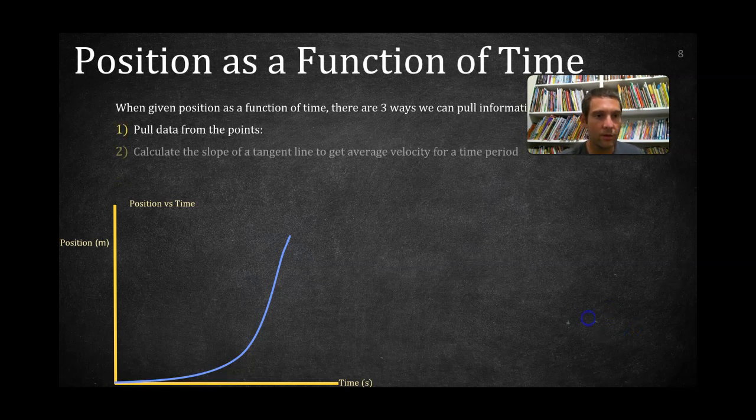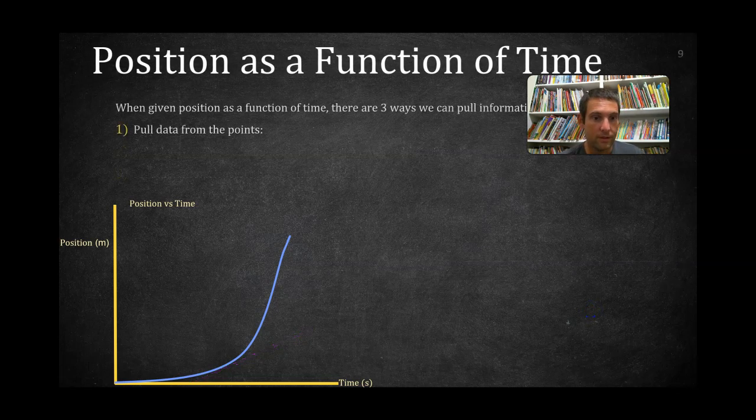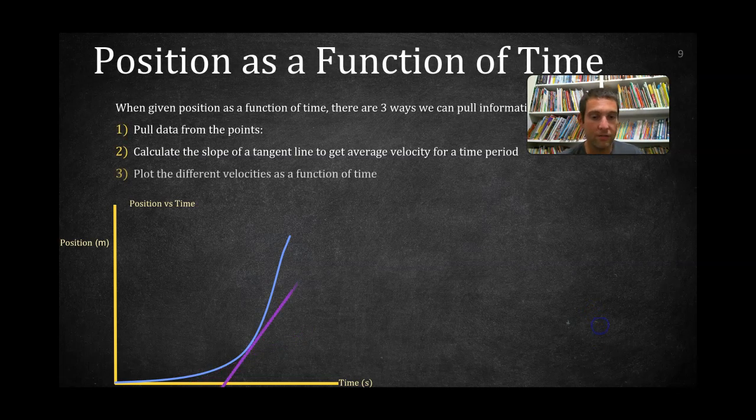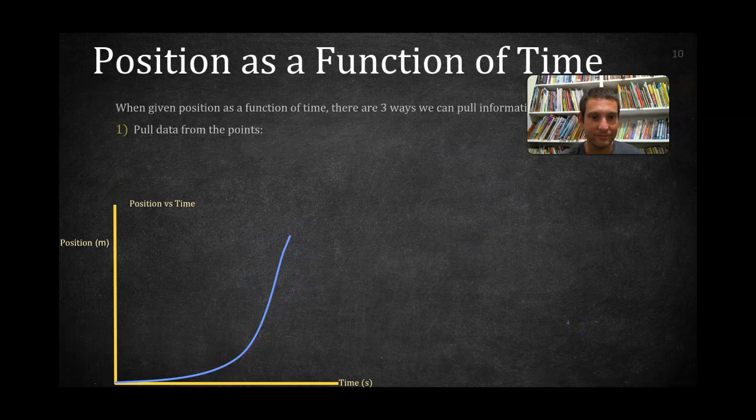All right, so the very first part of that slope, we would say it starts at 0. Then the next part of this slope, we would say it goes positive. So we started at 0 because the very beginning parts were 0, which means our velocity started at 0 and then it went positive.